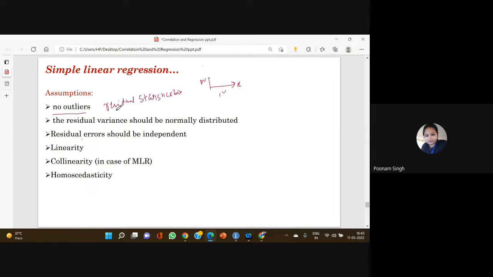Once you run the regression, in the bottom row is the standardized residual, and its minimum and maximum value should not exceed minus 3.29 to 3.29. If that value exceeds this range, then you can say that your data has outliers. If not, then you don't have outliers. You should have no extreme outliers.